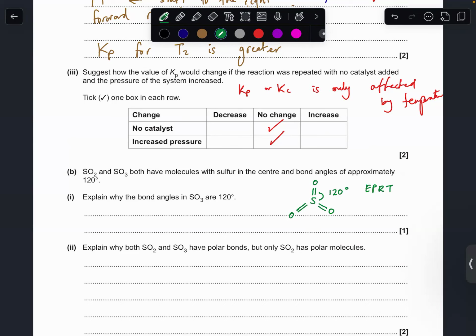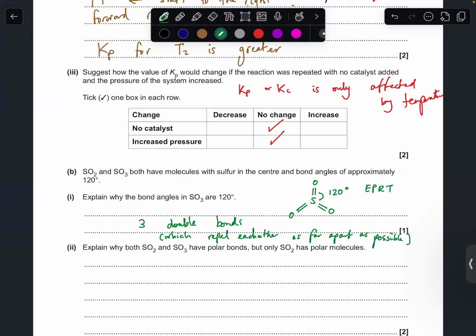So how would you put that into words? You just say, because there are 3 double bonds which repel each other as far apart as possible.